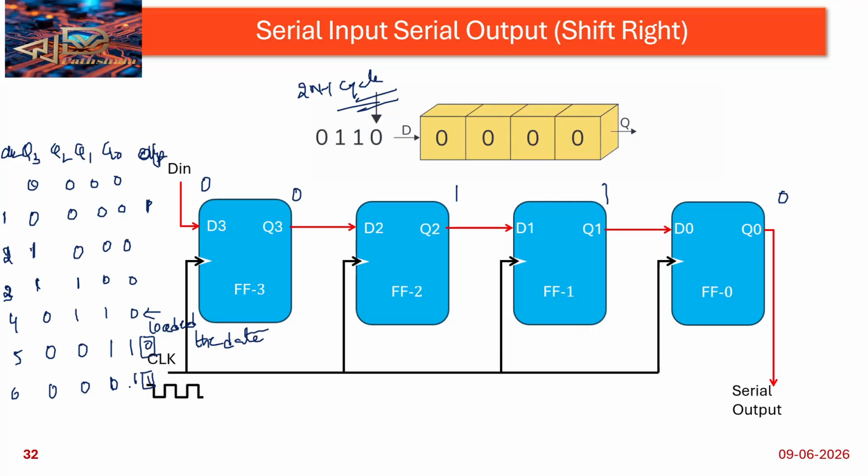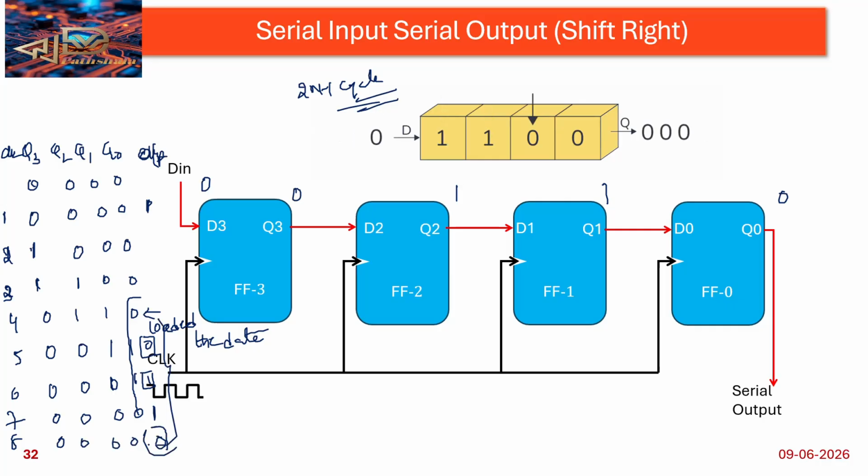I'm getting 1 here. And then the seventh clock cycle, 0, 0, 0, 0, 1 here. Whatever output I am getting is 0110. That is the output. In the 8th clock cycle all are zeros, so I am getting 0.